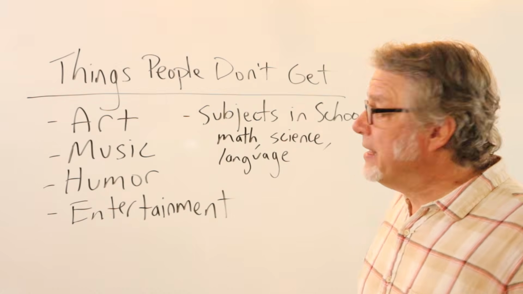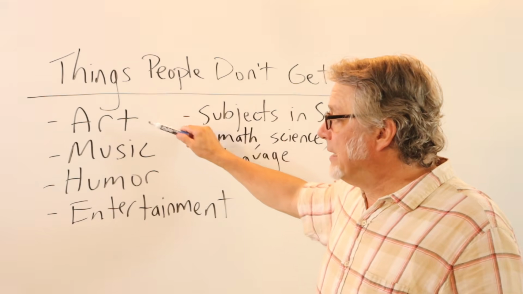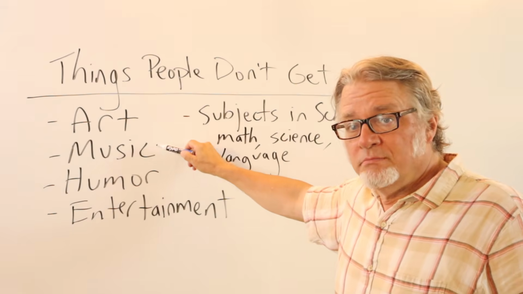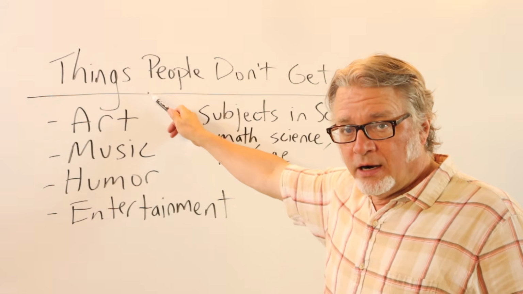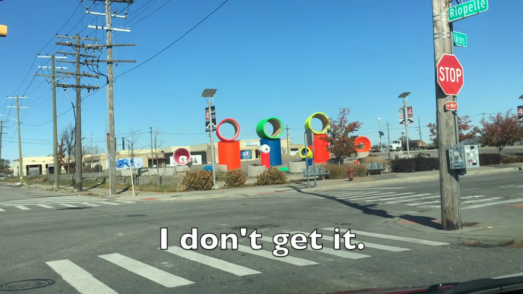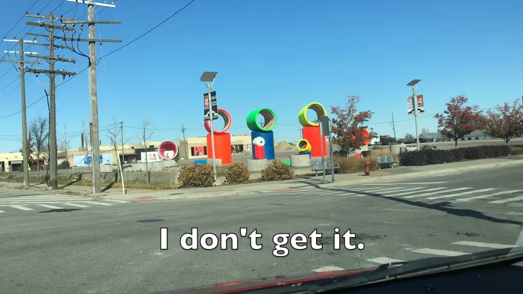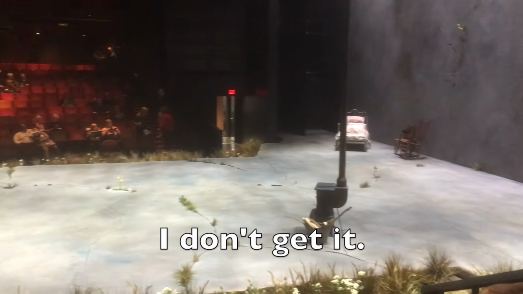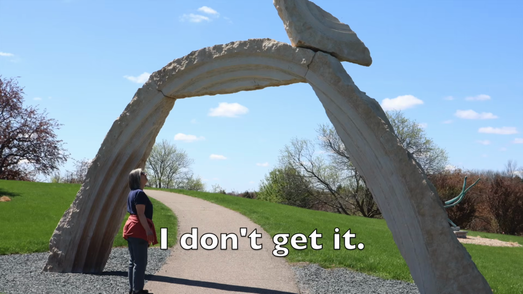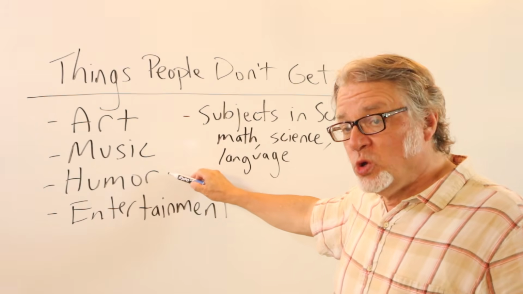Here are examples of things that people typically don't get. They might not get art. They might not understand the art or the music, especially if it's modern art or modern music. They might not get it. Or humor.